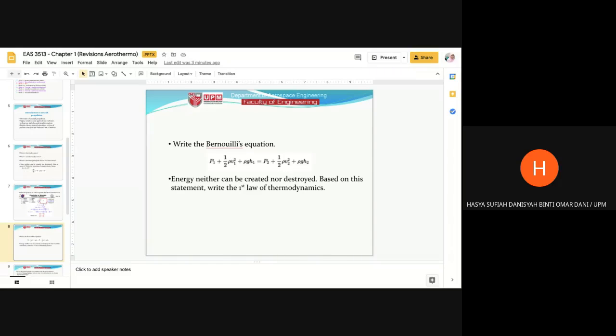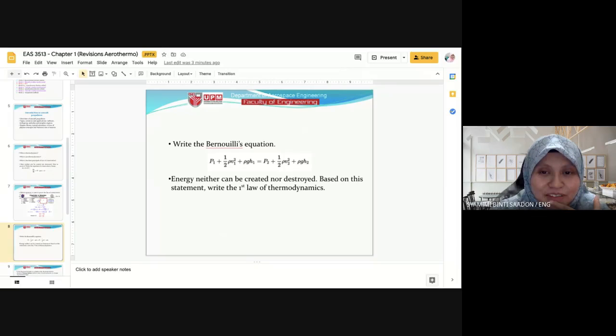Q is the heat, the formal notation for heat, and W is work.